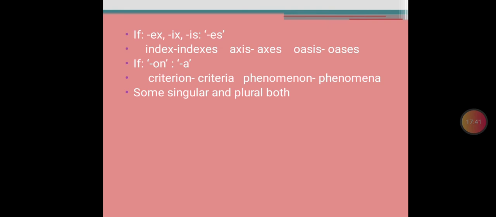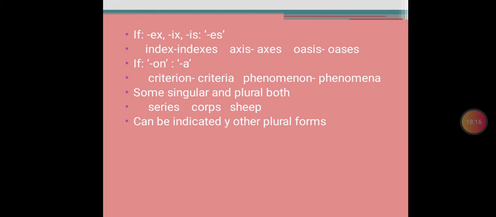Some nouns, like people, very strange. Again, singular and plural, they are both the same. For example, series, corpse, sheep. How can we come to know whether it is plural or singular? Then there are some other ways by which we can identify or indicate that it is singular or plural.